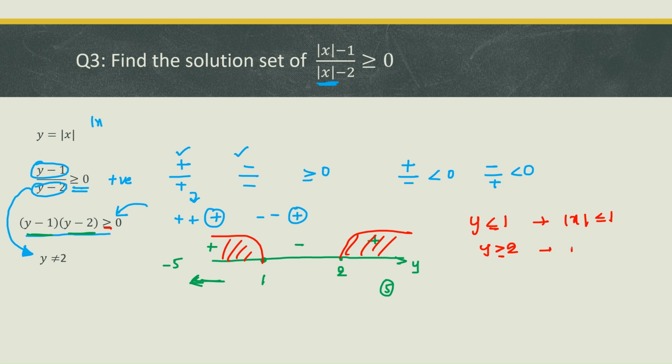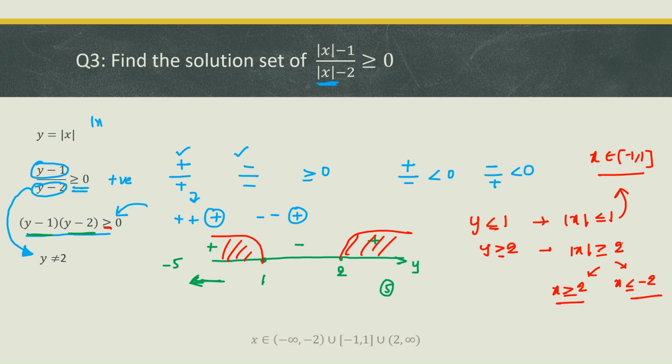So mod x should be less than or equal to 1, and mod x should be greater than 2. So from our previous discussion, we get x belongs to minus 1 to 1 here, and x can be greater than 2, or x can be less than minus 2. So the final answer would be the union of these three.